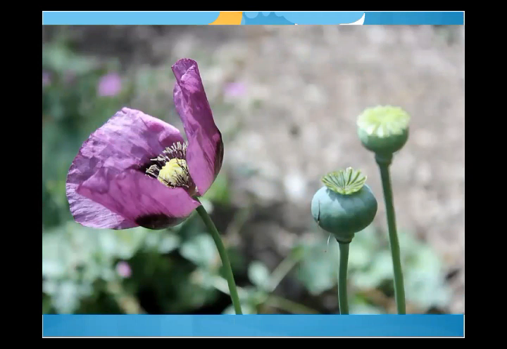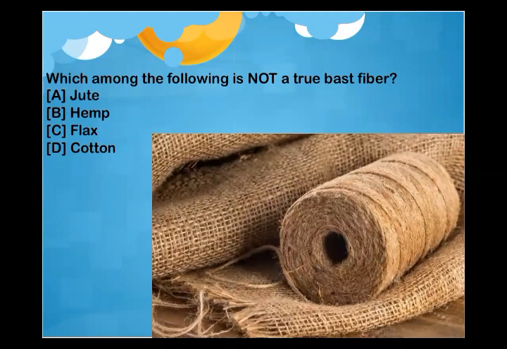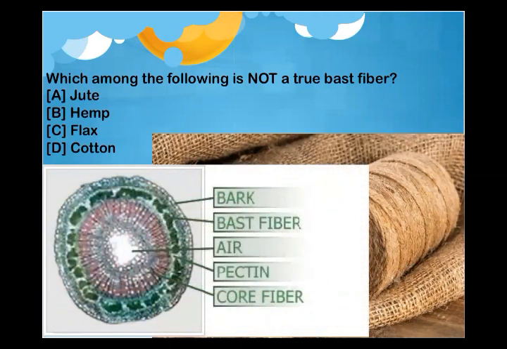Which among the following is not a true bast fiber? Jute, hemp, flax, cotton. Jute, hemp, and flax contain the bast fiber, but cotton is a product of the fruit.